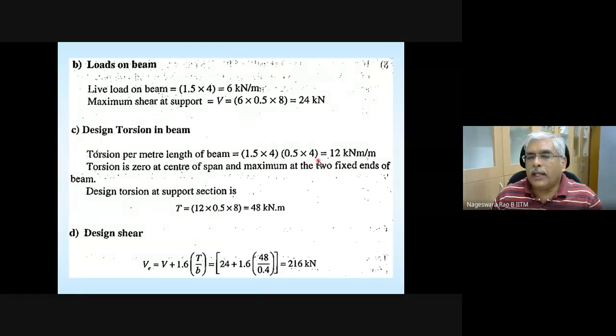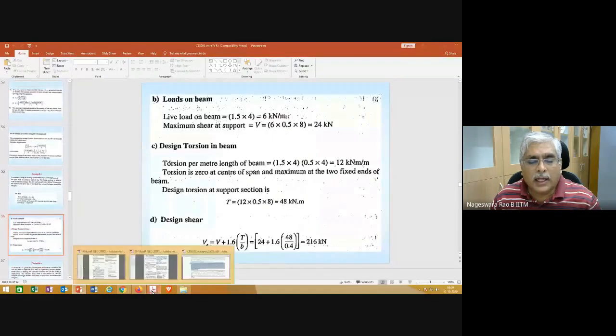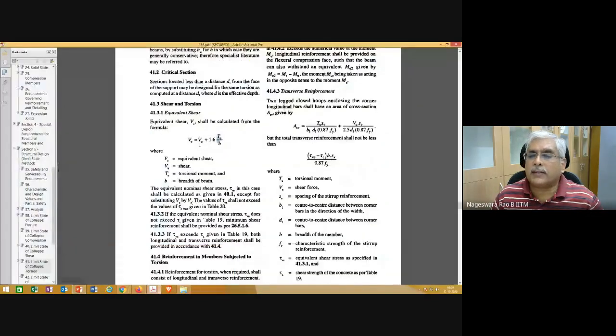Okay. Any questions here? So this example illustrates the application of this equation to calculate equivalent shear, estimating TU and VU based on the conditions of the beam and the slab.